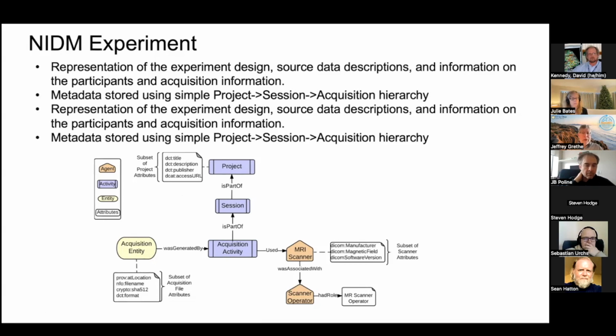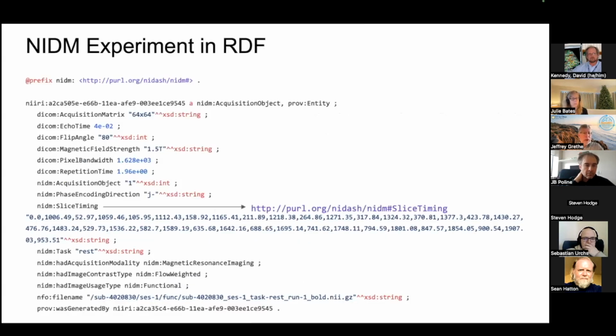All this can be represented as these collections of triples. Here's a simple example of what something like that might entail. On top, we'll see that there's a NIDM acquisition object, right? And there's the DICOM-related information that's associated with that.